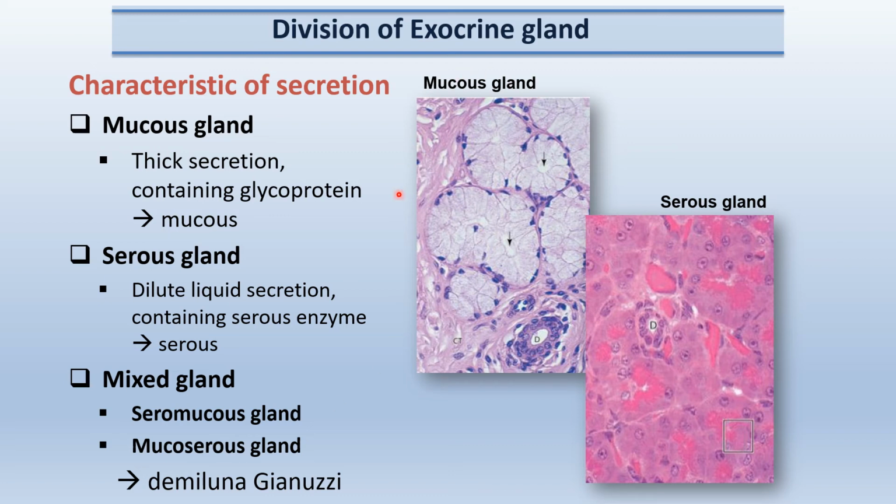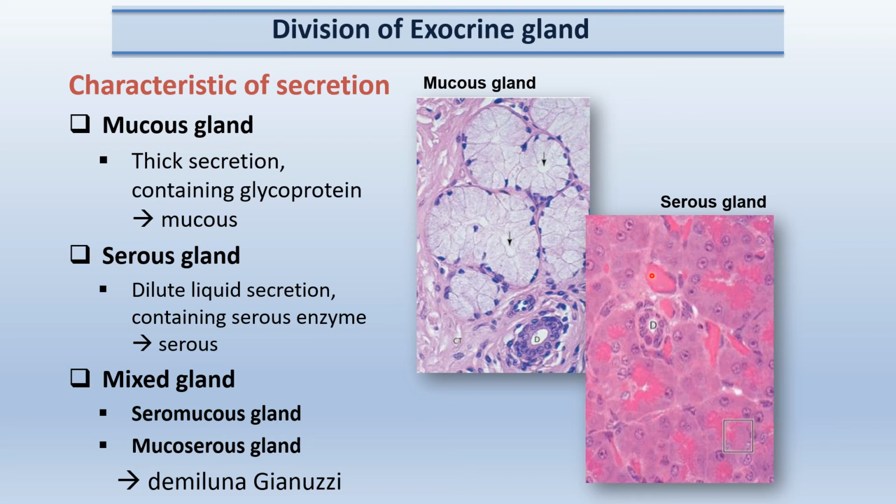In this picture, you can see this is the mucous gland. The characteristic of mucous gland is the pale mucus, and the nucleus of the glands is in the periphery, like a squamous nucleus.